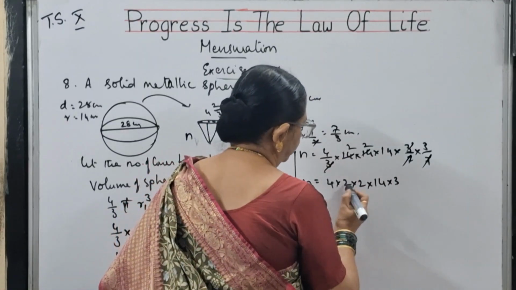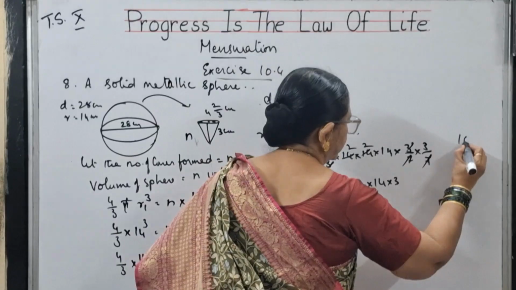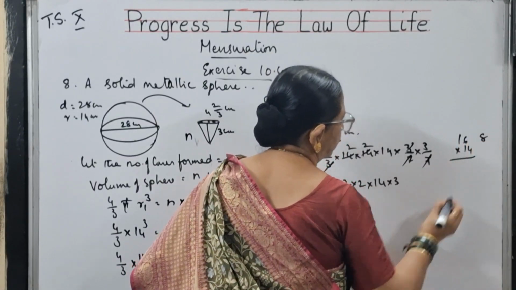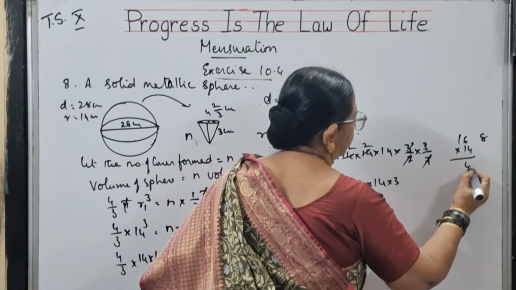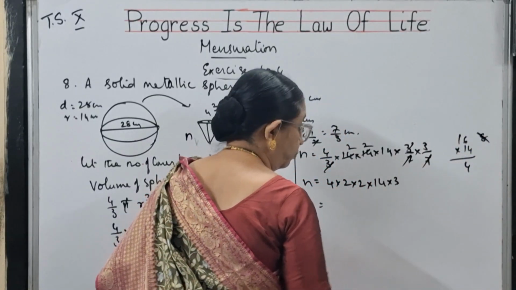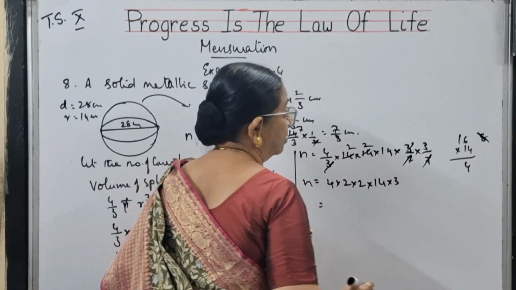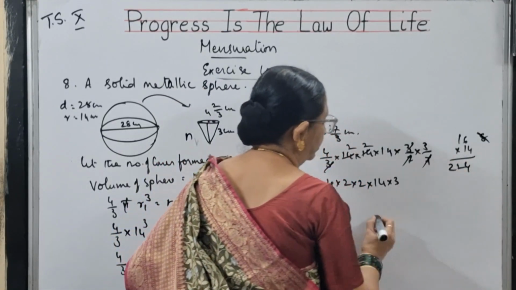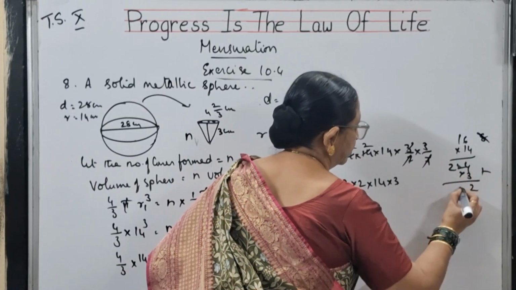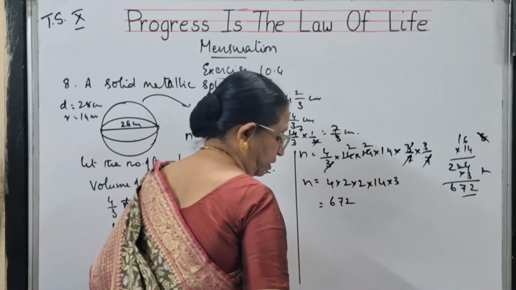So 2 to the 4 is 16. 16 into 14: 6 fours are 24, 1 carried over, 16 into 14 is 224. Then 224 into 3: 3 fours are 12, 3 twos are 6, 3 twos are 6, that gives 672.